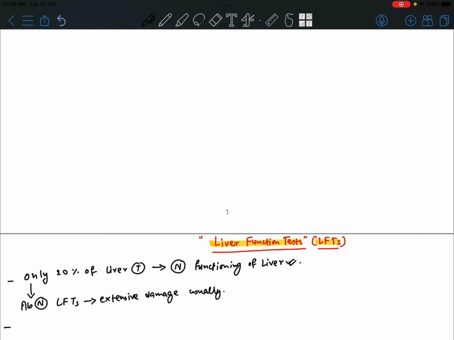LFTs are a misnomer, as most of these tests in the panel do not measure synthetic functions of the liver but rather measure damage to hepatocytes.